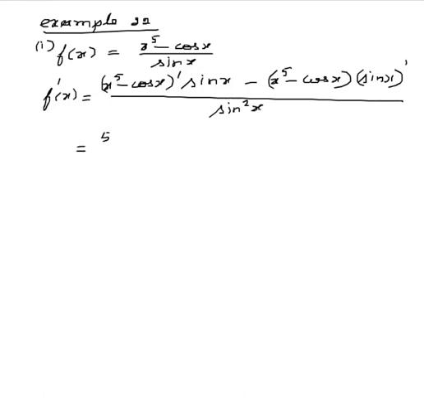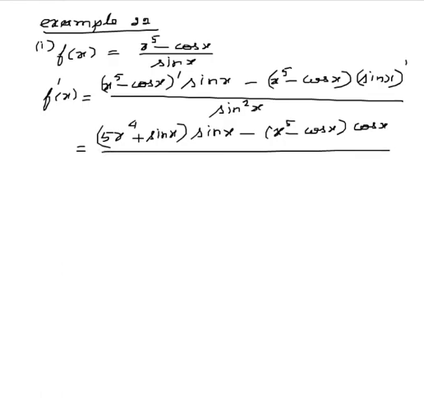Derivative of x power 5 is 5x power 4. Derivative of cos x is minus sin x. Therefore, minus of minus is plus, sin x into sin x, minus (x raised to 5 minus cos x) multiplied with derivative of sin x, which is cos x, divided by sin square x.